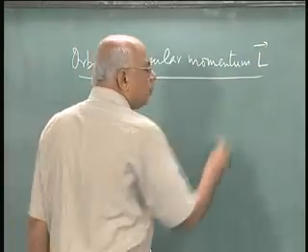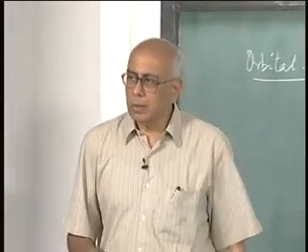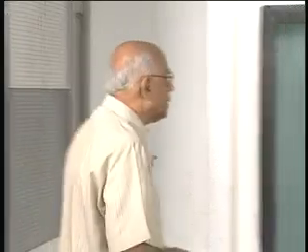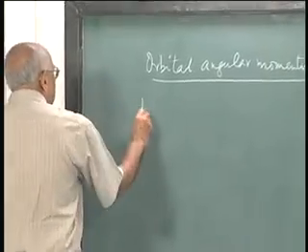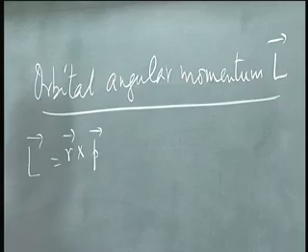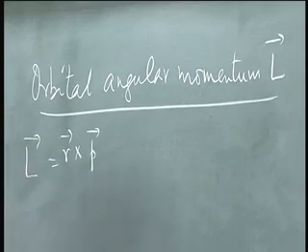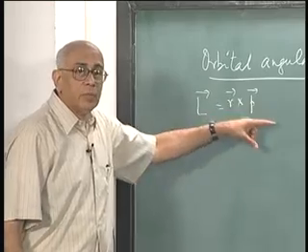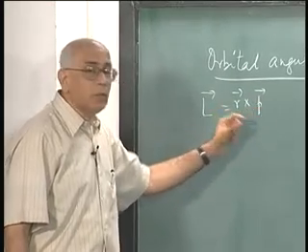I have in mind a particle, a quantum mechanical particle of mass m, moving in space in 3 dimensions, and then we know the orbital angular momentum about the origin is defined as L equal to r cross p. That is our definition, and there is no problem with ordering whether r should be on the left and p should be on the right or vice versa.